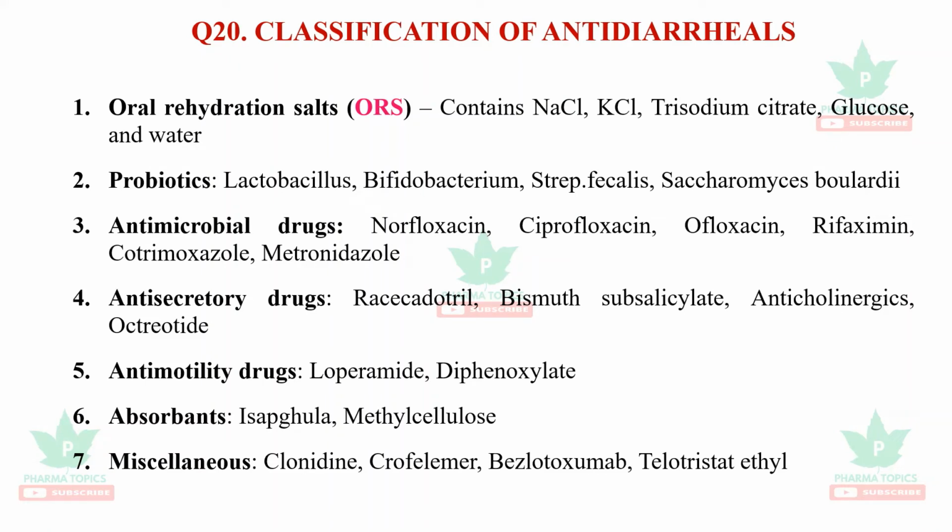Antimicrobial drugs used in infective diarrhea are norfloxacin, ciprofloxacin, ofloxacin, rifaximin, cotrimoxazole, and metronidazole. The anti-secretory agents are racecadotril, bismuth subsalicylate, anticholinergics, and octreotide. Anti-motility drugs are loperamide and diphenoxylate. Absorbents are ispaghula and methylcellulose. And miscellaneous are clonidine, crofelemer, bezlotoxumab, and telotristat ethyl.